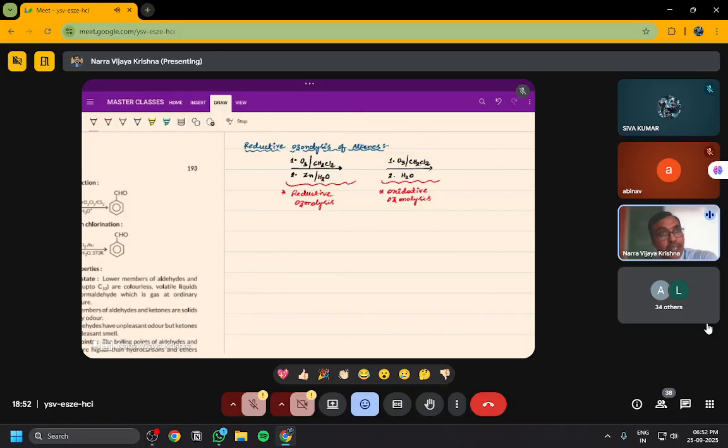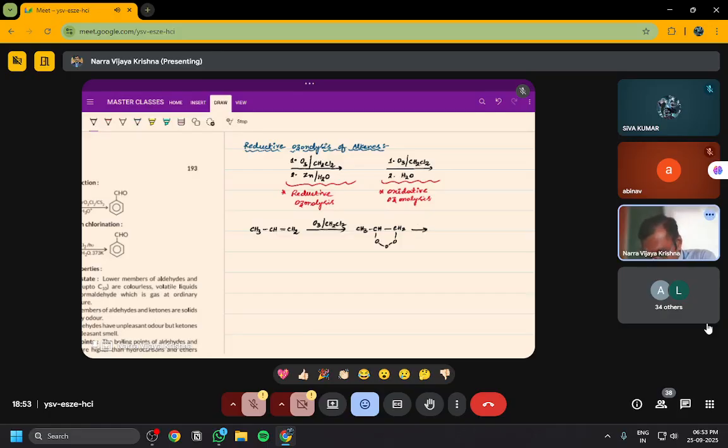First, we are talking about reductive ozonolysis. Any alkene, I am taking CH3CH double bond CH2, allowed to react with O3 in presence of CH2Cl2. First, ozone will attack, so that the pi bond is gone and ozone gets connected at that pi bond.